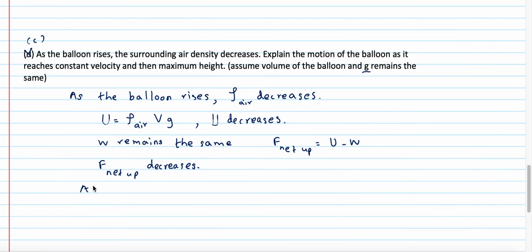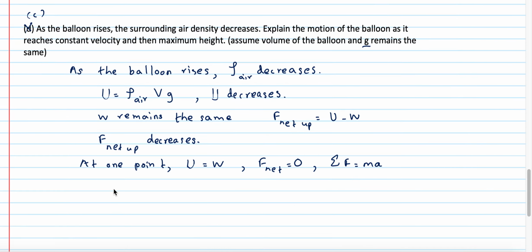And then at one point, as W remains the same and U decreases, there will be a point where upthrust is equal to weight. So at that point, there will be no net force. That means, according to Newton's second law, F is equal to ma. Then at that point, as long as there is no net force, there is no acceleration.